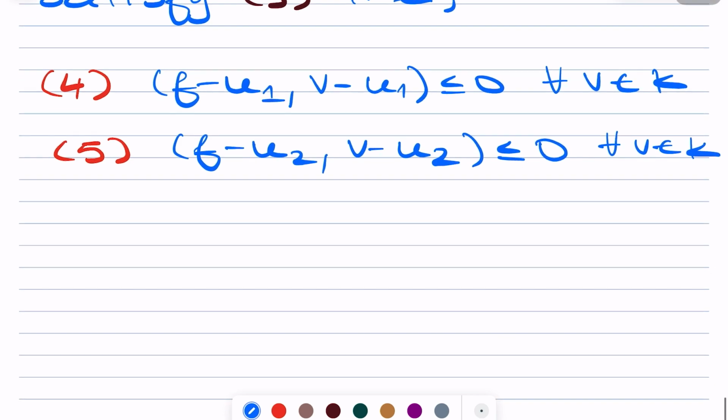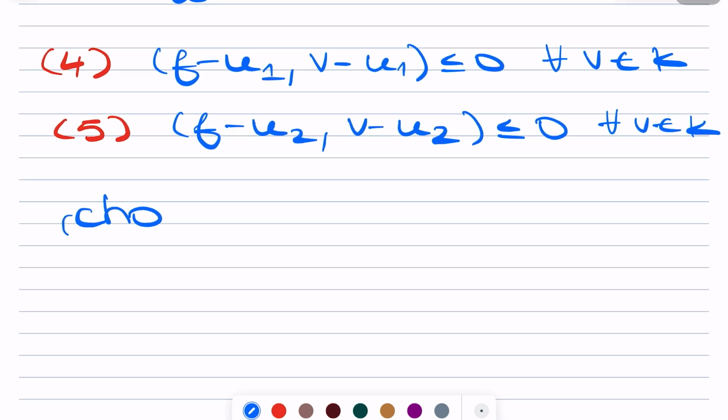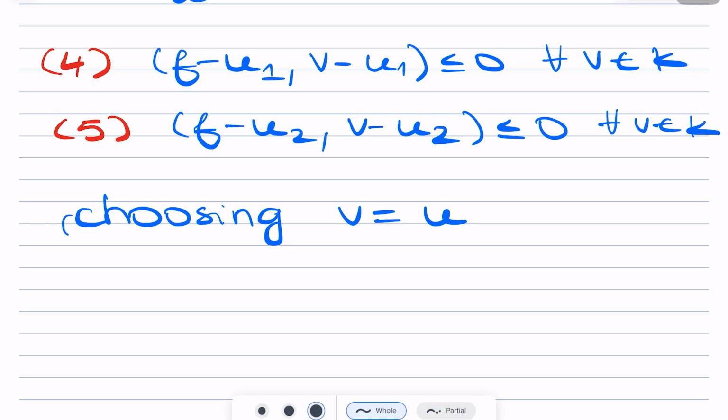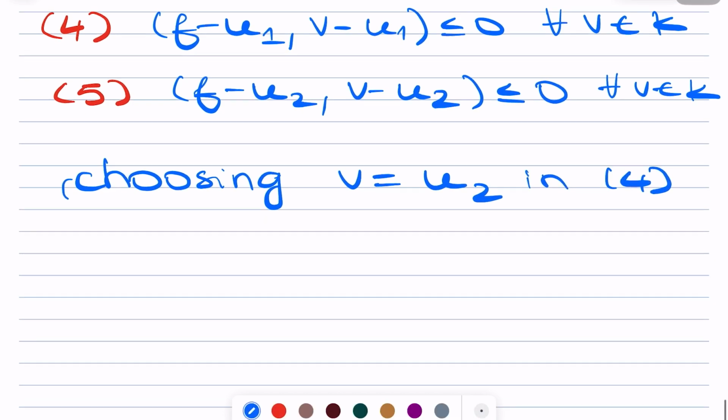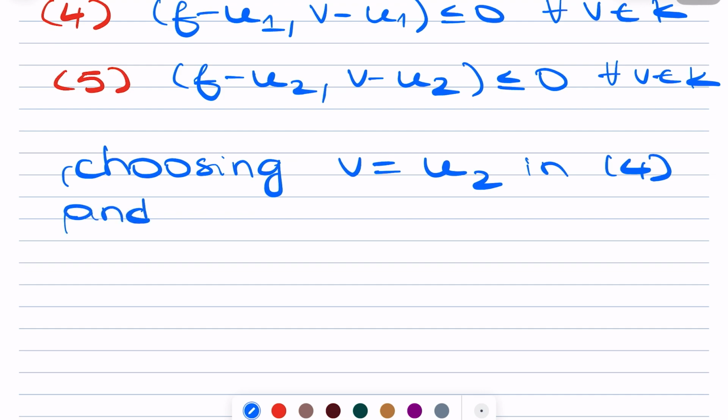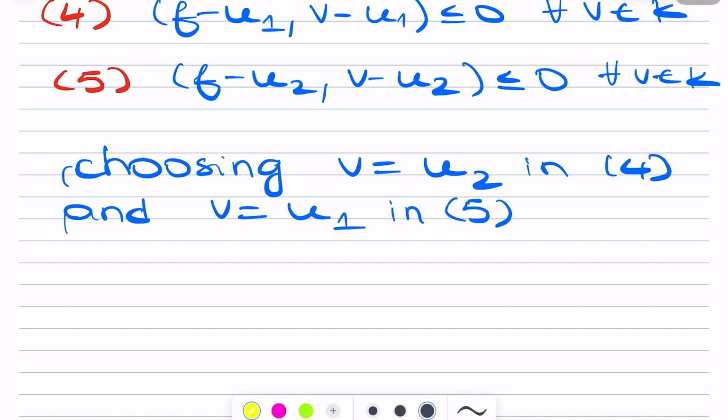So you should choose v to be u2 in 4, and v to be u1 in 5, let me just highlight this.